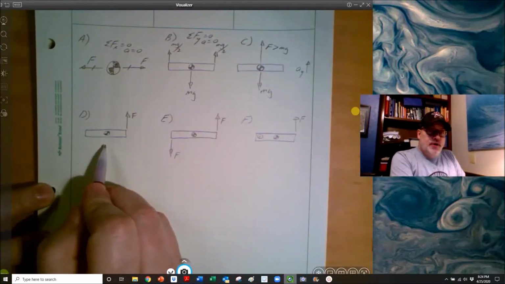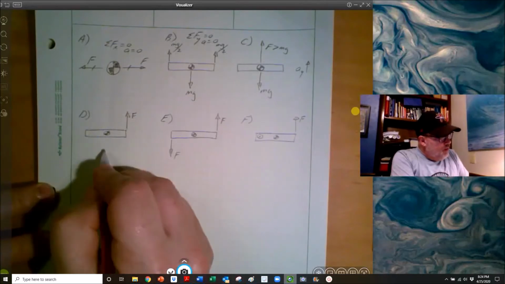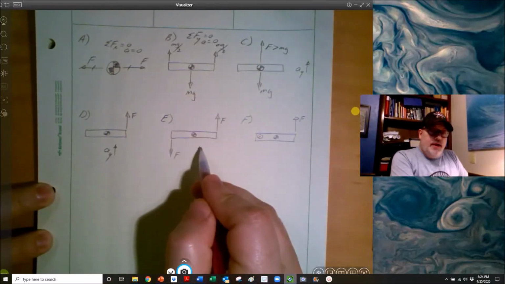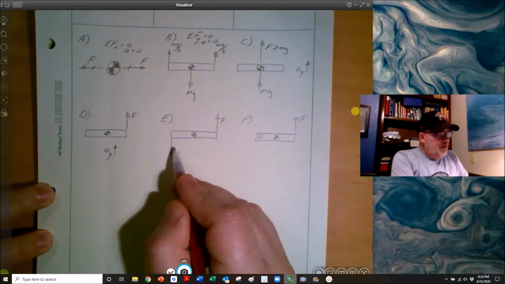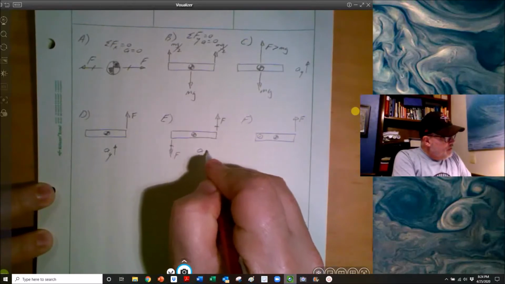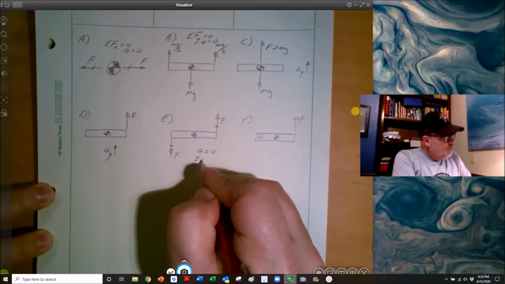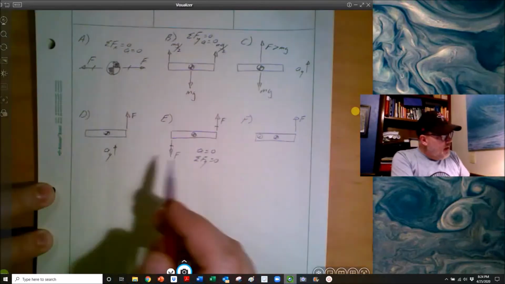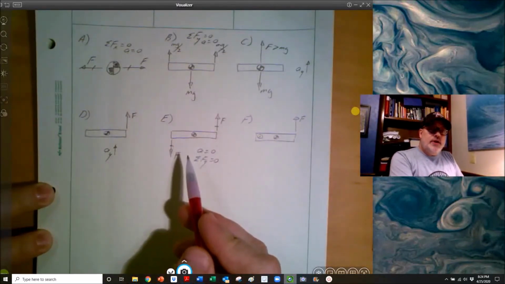Same with this one. There is an unbalanced force up, and so this one will accelerate upward. This one right here, there's a force up and a force down. They are identical, so the acceleration equals 0. The forces in the y direction cancel out, so it's in equilibrium. Now, these last two, these get a little tricky.